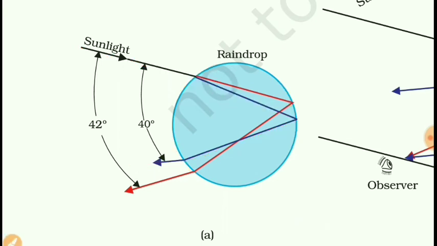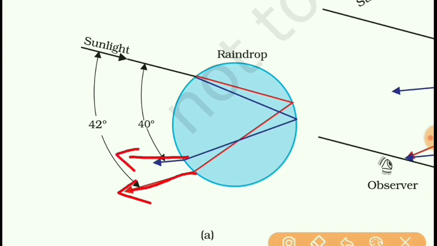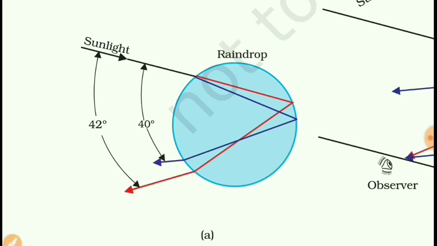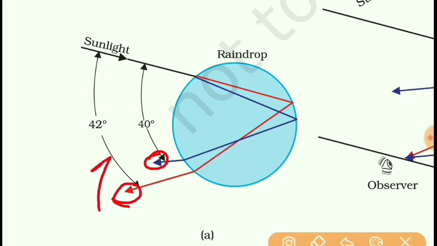You can see at the bottom there will be a red color, and at the upper part there will be a violet color, and other colors are in between according to their wavelengths. Wavelength of red color is maximum and that of violet color is minimum. So from maximum to minimum wavelength the colors are separated.